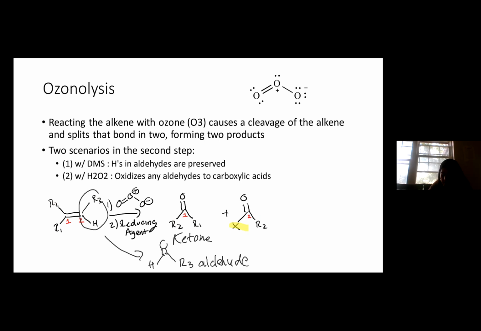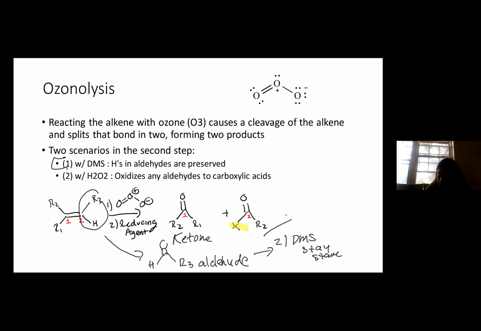I said if it reacts with step 2 being DMS, the aldehydes, or the hydrogens in the aldehydes, are preserved. Sorry, I can't speak today. So if step 2 is DMS, it's just going to stay as an aldehyde, so it's going to stay the same.